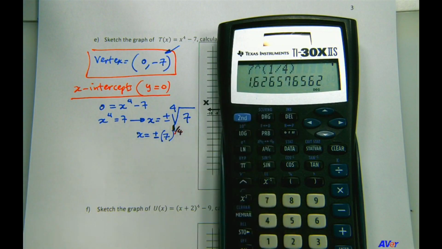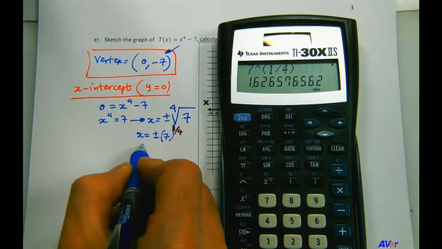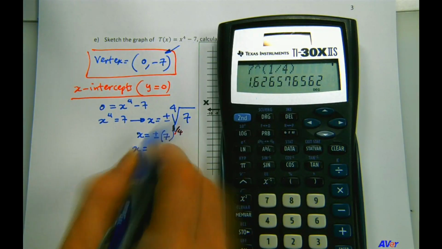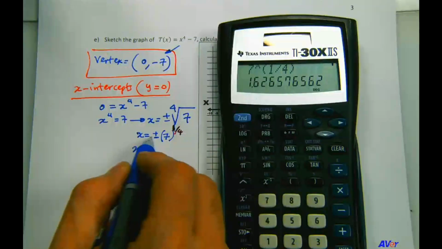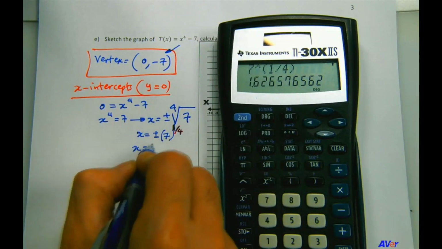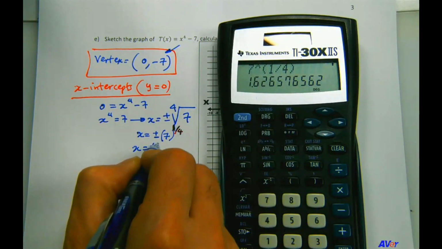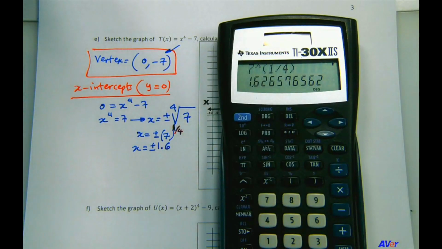So there is that number, right? Plus or minus that. So that would be, let me round that to plus or minus 1.6. You know, for manually drawing that, I cannot be more precise than that. But we will go to the computer for a more precise graph. So plus or minus 1.6. I'm just going to round this to 1 decimal place, 1.6.